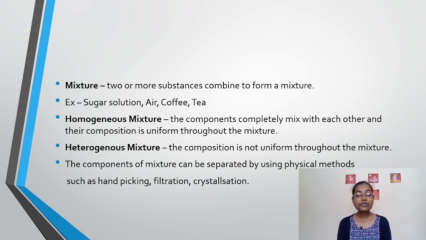In a mixture of wheat and rice, we can separate the wheat and rice by hand picking or by other methods. So here we cannot see a complete mixing of the two components. This is known as a heterogeneous mixture, and these mixtures can be separated using physical methods such as hand picking, filtration and crystallization.